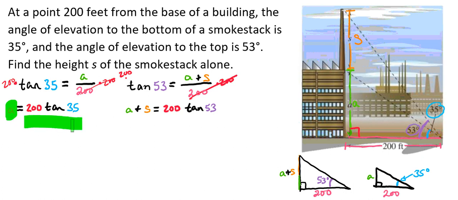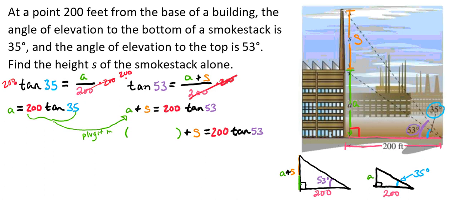A is 200 times the tangent of 35. So we can take that and put that in this A's spot. So we're going to take this and plug it in. We're going to take that 200 times the tangent of 35 and put it into the A's spot.